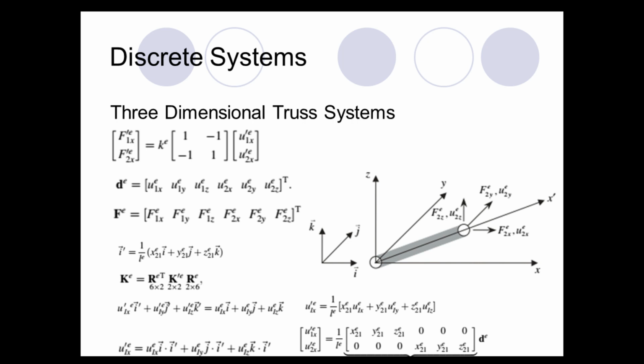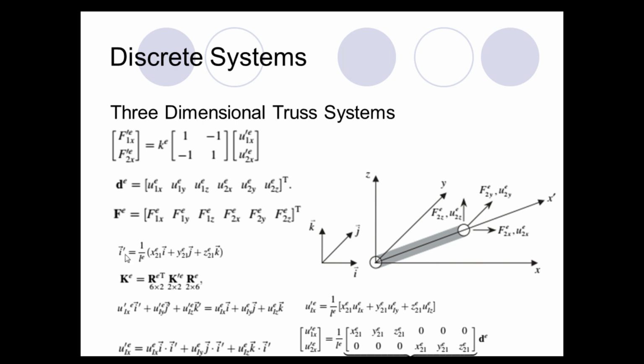Okay, how about the three-dimensional problems, three-dimensional truss systems? Remember that this is a one-dimensional relationship between the forces and nodal displacements in an element for a one-dimensional system. Of course, we may have a three-dimensional truss system. In this case, we do the same thing that we did in the two-dimensional problem.